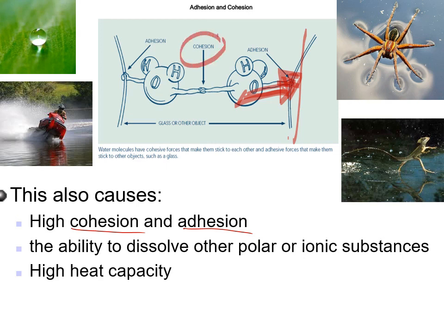And cohesion is water sticking to itself. If you have a water droplet and there's nothing else around for it to be attracted to, it sticks to itself really well because all the water molecules really like hanging out with each other because they have such strong dipoles. This cohesion is good for things like spiders and basilisk lizards because of the surface tension.